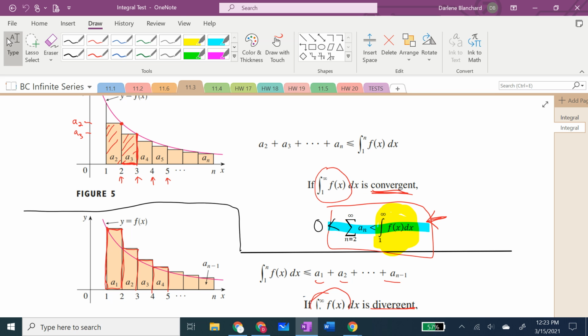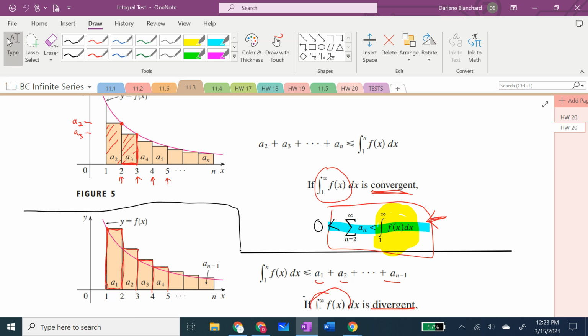The area under the curve and the area of these added rectangles is never going to be the same thing. Well, never say never. There are always exceptions to the rule. But basically, they shouldn't be expected to be the same. They should most likely be very different.